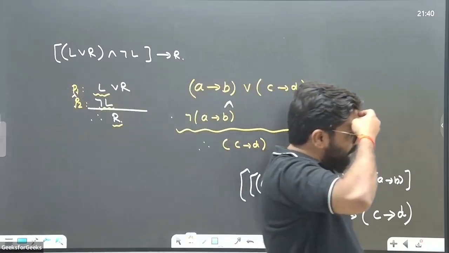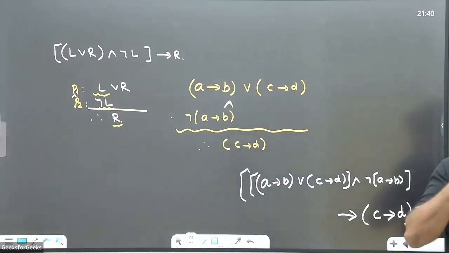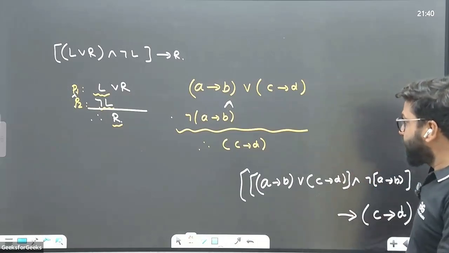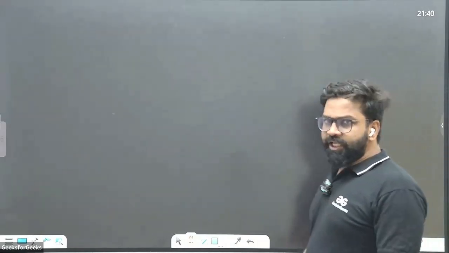Getting it, sir? This is the first type of rule we can create on our own.